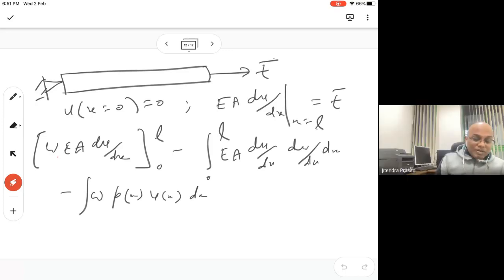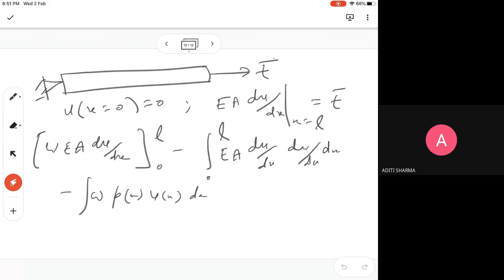Yes, all of them are functions of x, I'm just not writing it here. So E and A are all functions of x only. Sir, in doing integration by parts, which are we considering as u and which as v?